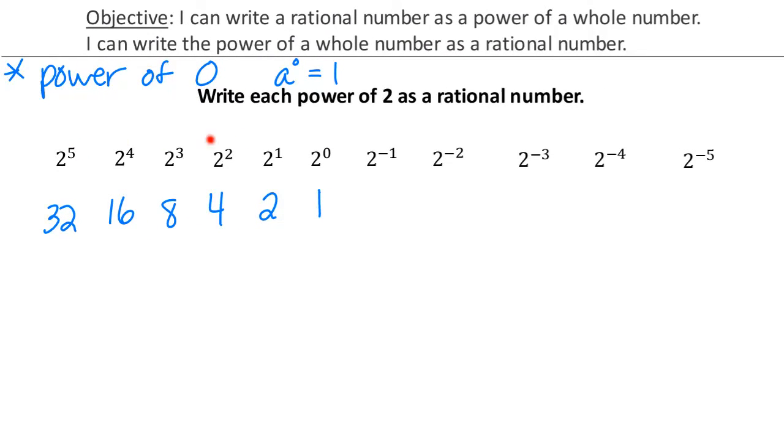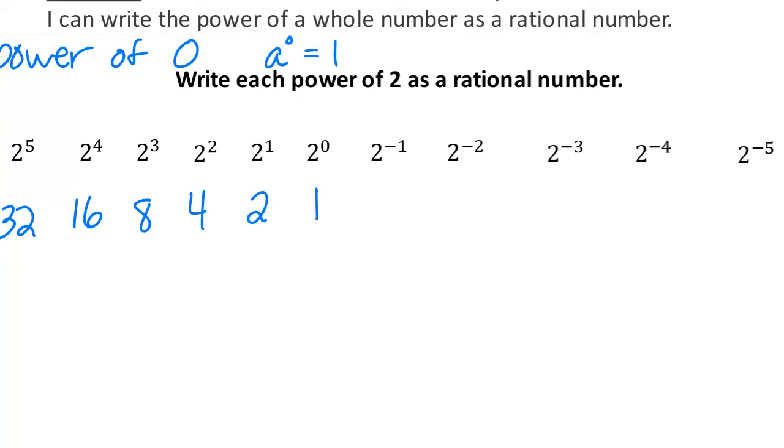All right, then if you look at these powers, these are all negative powers, right? So I have the negative reciprocal power says, if I get the reciprocal of 2 to the negative 1, it's going to be 1 over 2 to the first. And then 2 to the first is again just 2. So that's 1/2. And then 2 to the negative 2 is the reciprocal 1 over 2 squared.